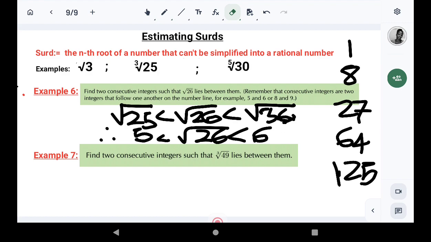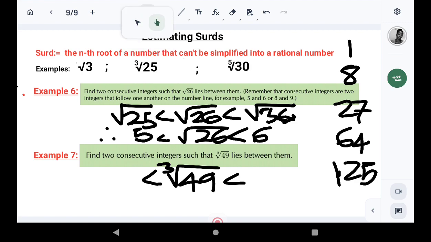Now you write your cube root of 49 here. And then you need to figure out what we put on the left and what we put on the right. Now we look at 49. That is our reference number. The biggest cube smaller than 49 is 27.